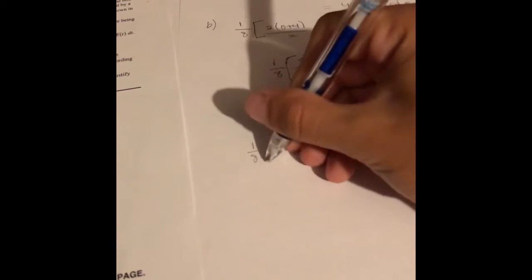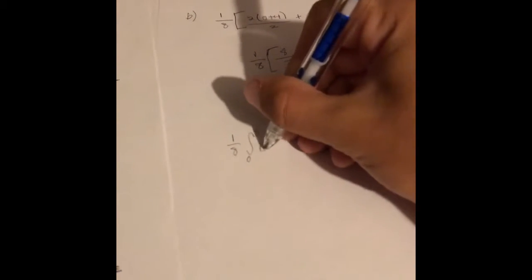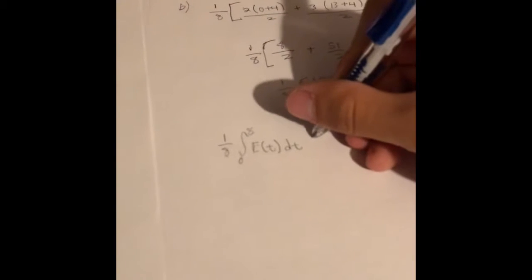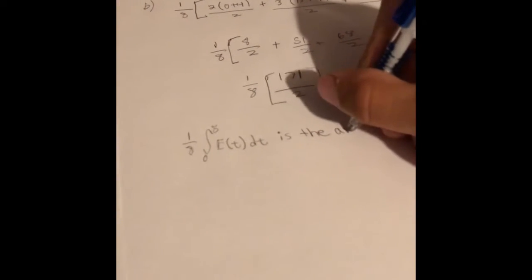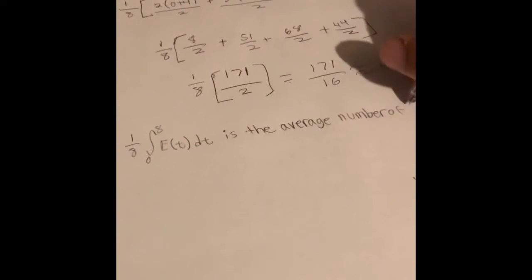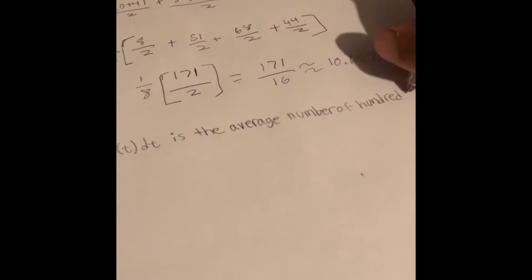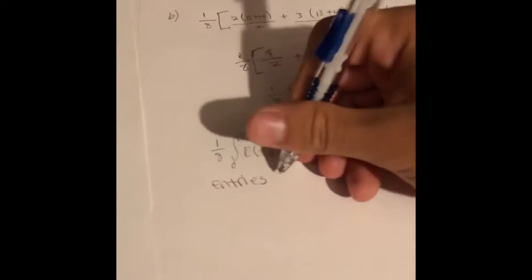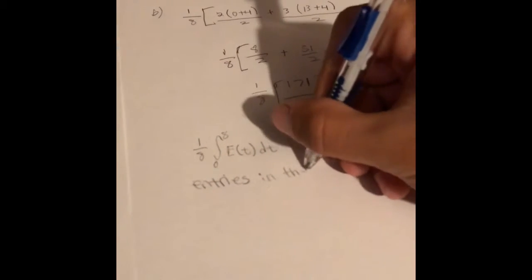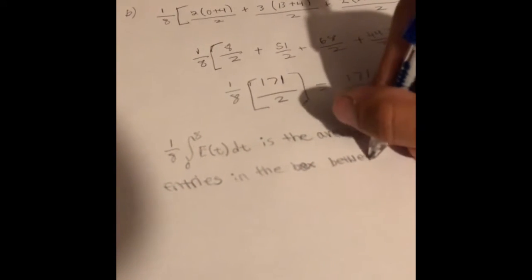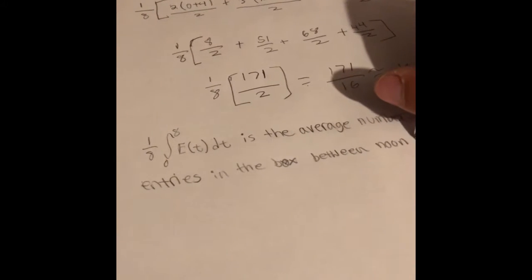So basically, 1 over 8 times the integral from 0 to 8 of E of t dt is the average number of hundreds of entries in the box between noon and 8 p.m.